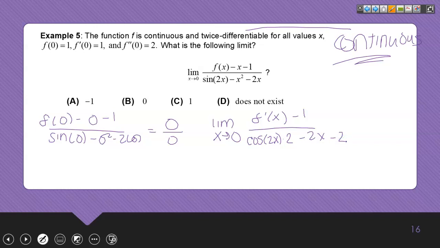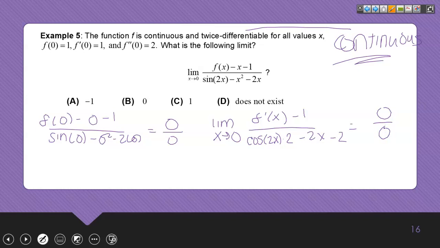F prime of 0 is, so this is an evil problem because it's 0. Cosine of 0 is 1, 2 minus 2 is 2 times 0.